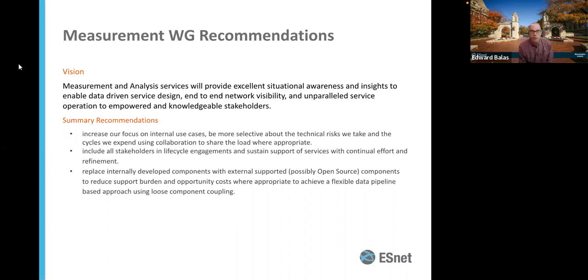So rather than buying a product, throwing it out there, and then watching it not evolve over 5 years, then doing a step function, it was, let's continue to invest in that space and iterate and work with the users as their needs might evolve. And as we do this, there was a desire for us to focus on open source or open source derived capabilities and use collaboration where possible to benefit the broader community, but also to mitigate risk, right? And then next slide, I'll let Andy talk about what we created.